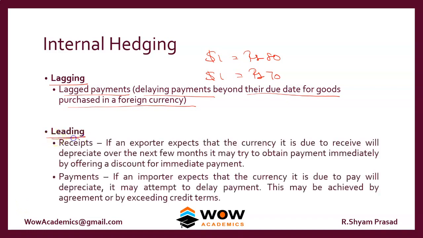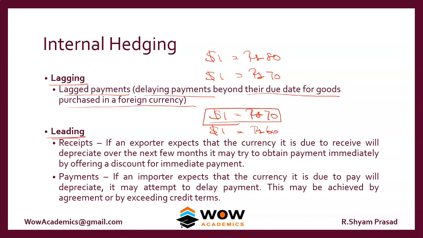There is also something called leading. Leading refers to this: assume that you're going to receive a payment from a foreign customer. Currently it is 70 rupees, but you feel that it might go to 60 rupees in the future. So you try to make them pay now itself.